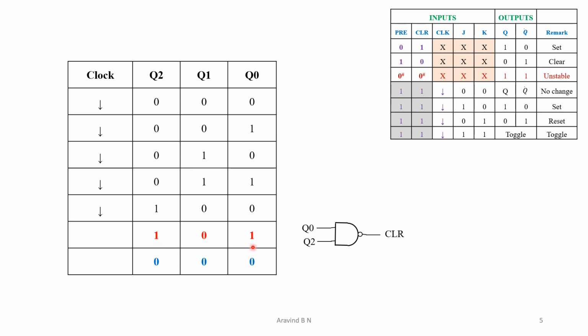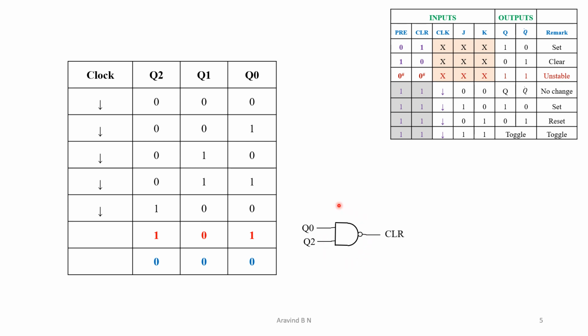These two signals we need to tap and they will become inputs to this NAND gate. So this is the second condition. If we understand these two conditions or criteria very clearly, we can make the mod design for any of the counters. Therefore, in this particular case also, Q0 and Q2 are the inputs to this NAND gate.